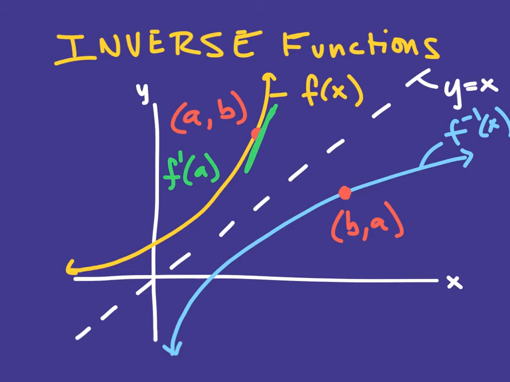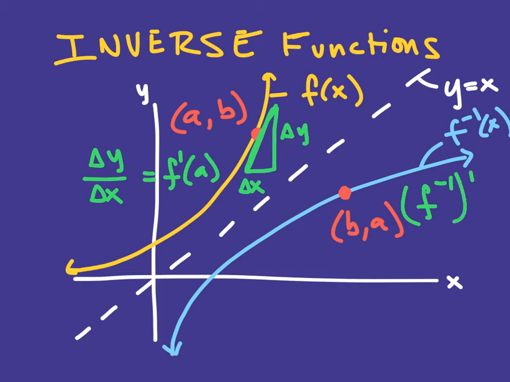When I do this, I have a change in x and a change in y. So f prime of a is the ratio of those two: the change in y over the change in x. Now over here on my inverse, I'm taking the derivative of my inverse function, f inverse prime of b, and I want to find the slope of the tangent line here.